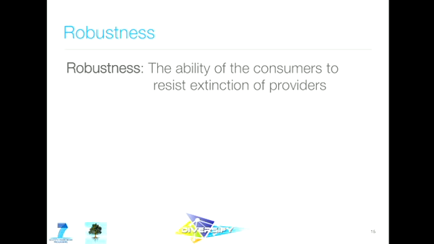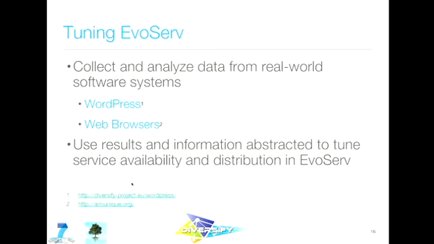Now, in order to test the robustness of this network and our adaptation strategies, we have to tune it and make it very realistic, similar enough to a real-world system. To do that, we decided to collect some data on two large-scale software systems: WordPress blogs and web browsers.